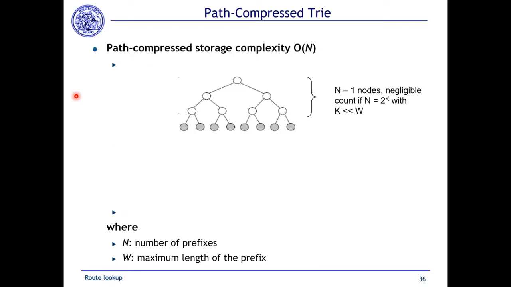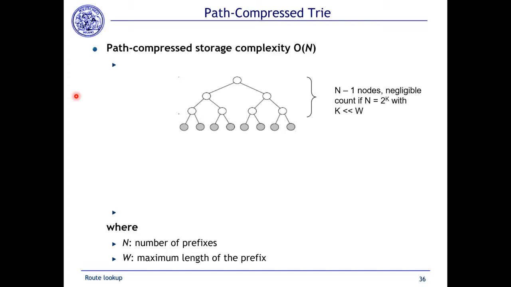We can compare this complexity evaluation with the previous complexity evaluation in terms of storage requirement that we saw with the standard binary trie. And basically this is the path compressed version with a total of n nodes, as we have already said.